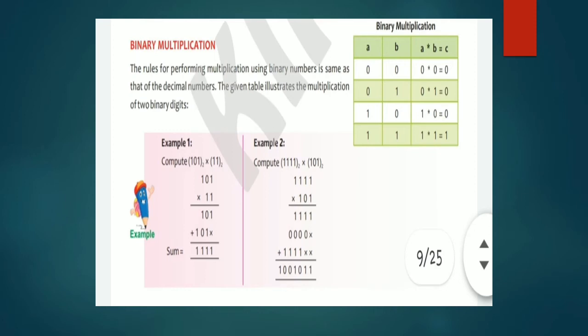Again multiply by 1, 1 multiply 1, 1 multiply 0 is 0, 1 multiply 1 is 1. Now we add these two lines. 1 is 1, 0 plus 1 is 1, 1 plus 0 is 1, and then 1. It is clear, guys?